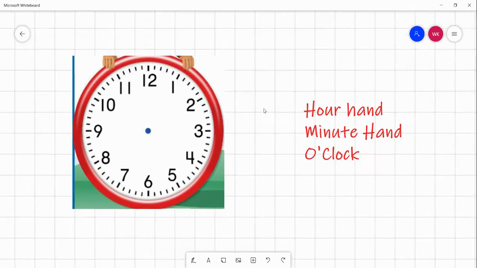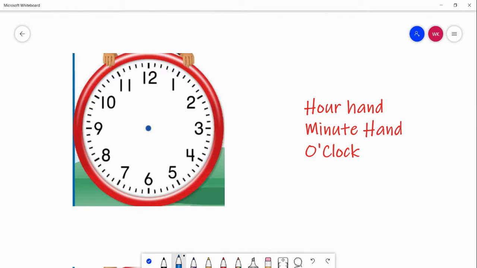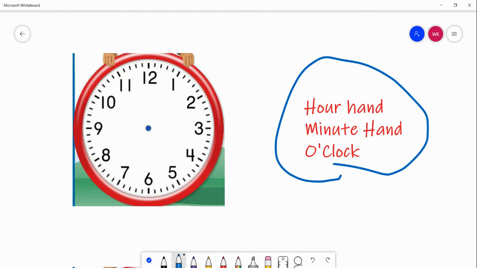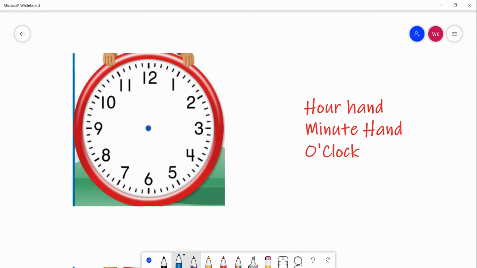So it is 9 o'clock on this clock that is represented. All right, now I want you guys to try this one on your own. So go ahead and pause the video and write these down and figure out what time this clock shows. So this is our big hand, or our minute hand, and then our little hand, or our hour hand. So try to figure out what time this clock is showing. All right, so I hope that you wrote this down.